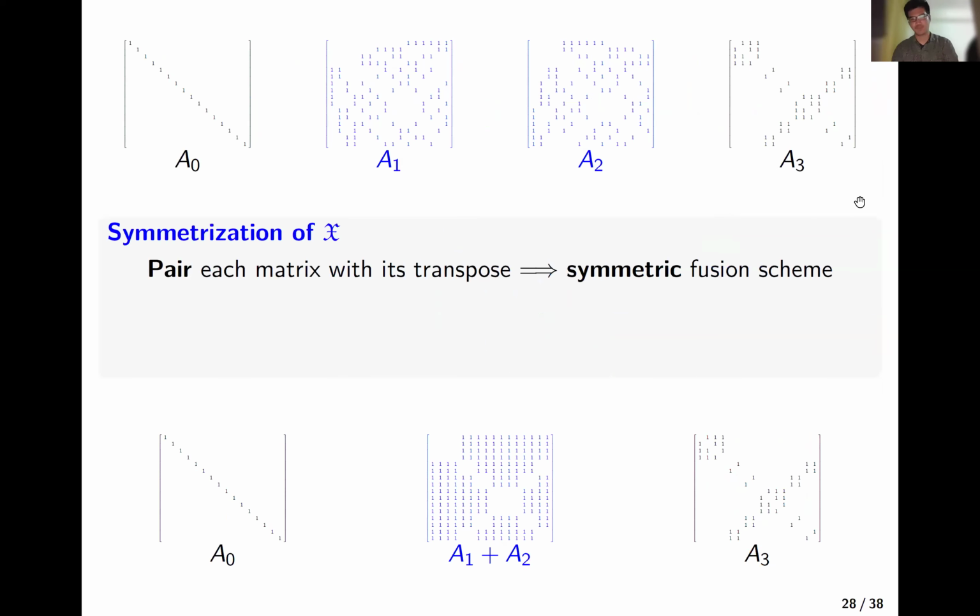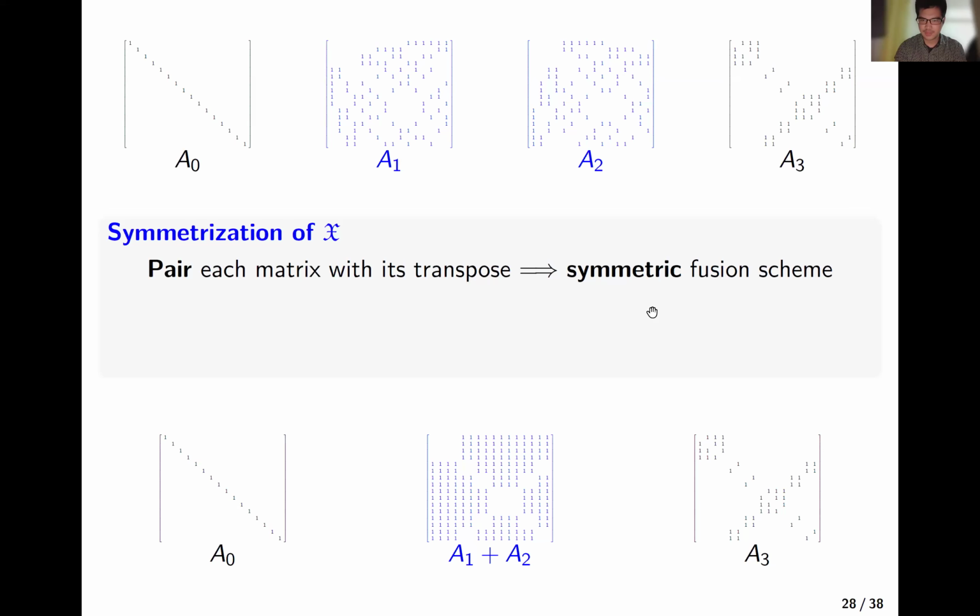But now, what we're going to do is we're actually going to use fusion to determine some information from the original association scheme. And we'll see how this applies to the case where we have three classes. So here's the idea. If I have any association scheme, I can pair every matrix in my scheme with its transpose and then add those two together.